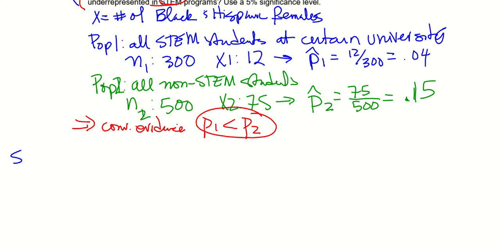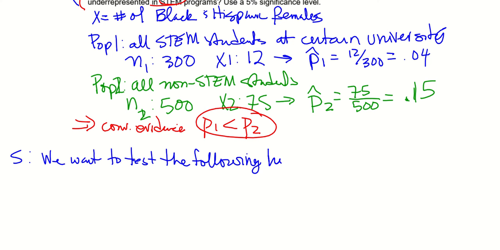So here's our state. We want to test the following hypotheses at the alpha equals 0.05 significance level.